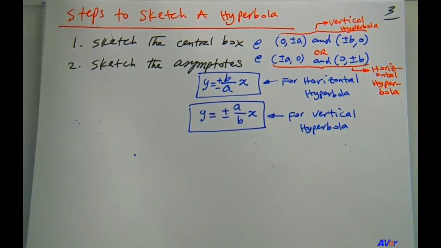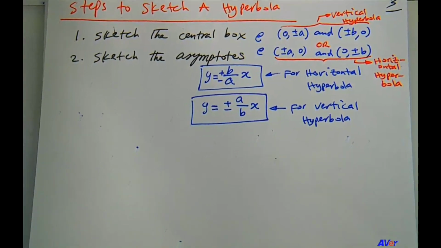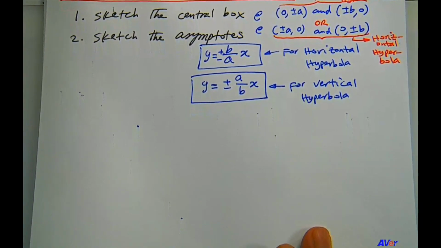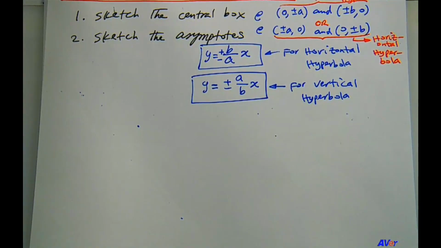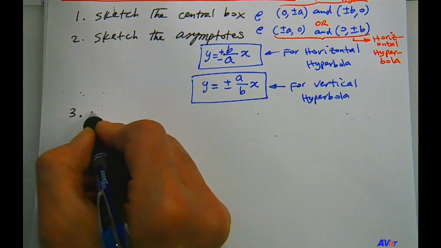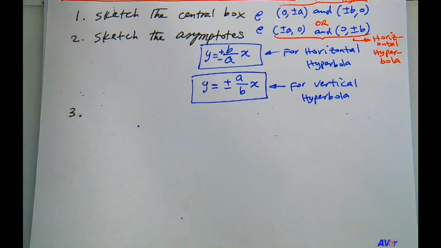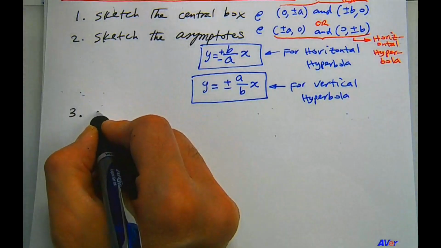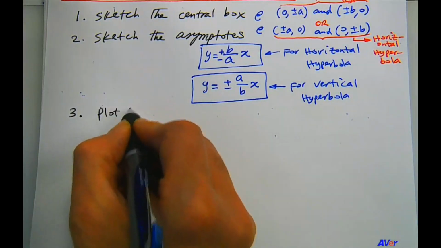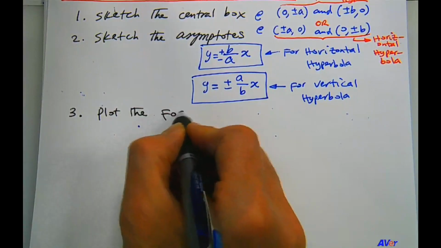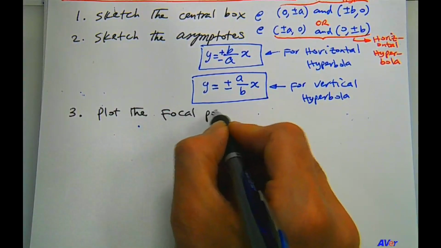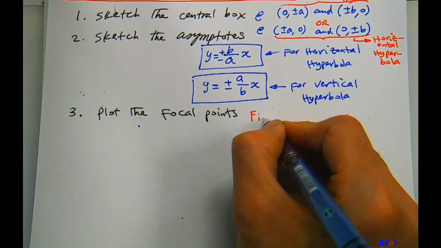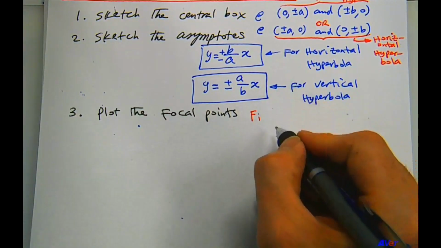And then finally plot the vertices and sketch the hyperbola. Did I say the focal points? No, so I should say that. Plot the focal points F1 and F2, right?